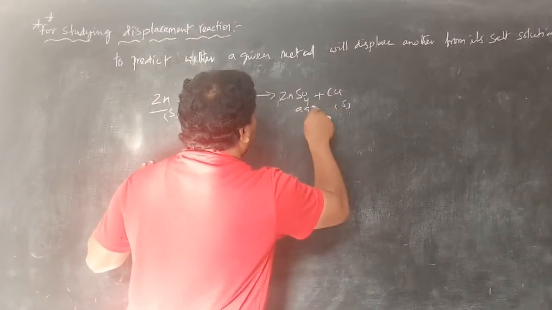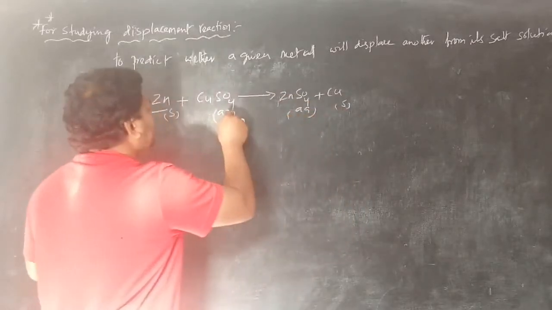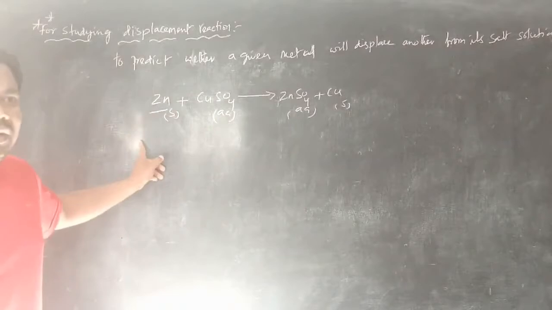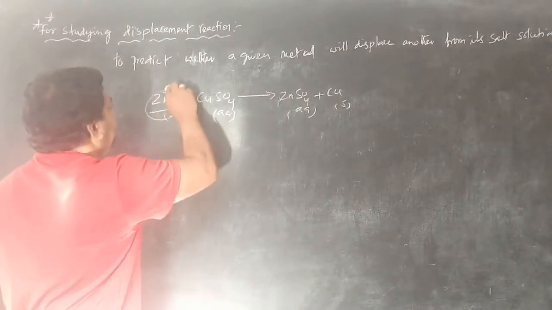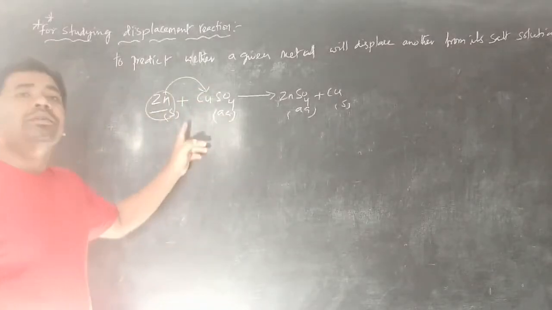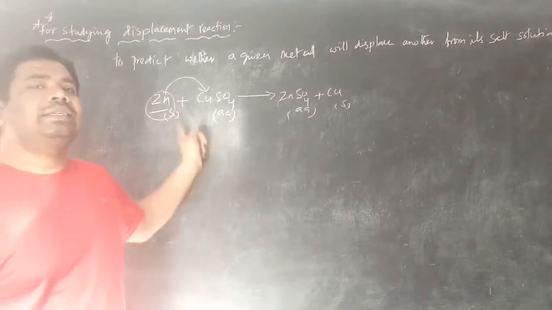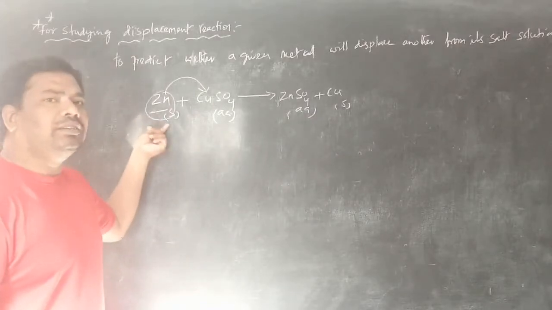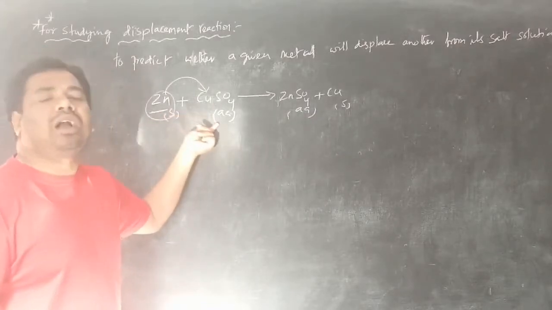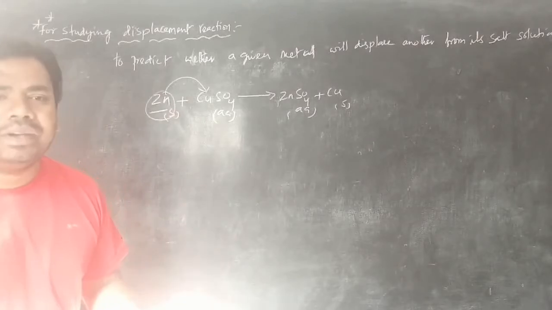This is aqueous. So here, students, the zinc metal can displace copper metal from its salt solution. Why does the zinc metal displace copper metal from copper sulfate solution?